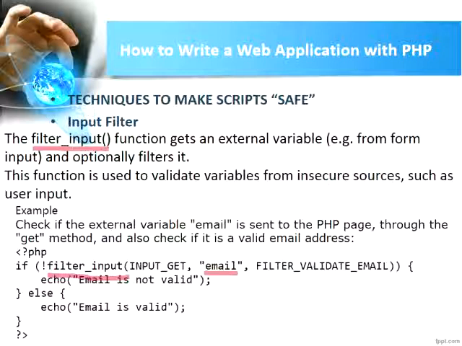In our example, filter_input checks if email is sent to the PHP page through the GET method, and also checks if the email is valid or not. If not, we echo email is not valid, else we echo email is valid.